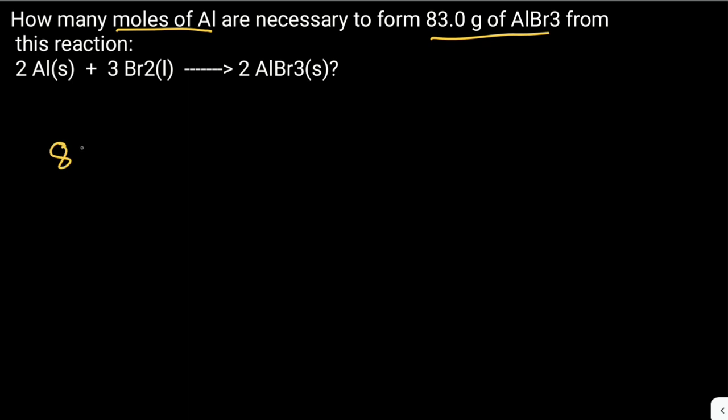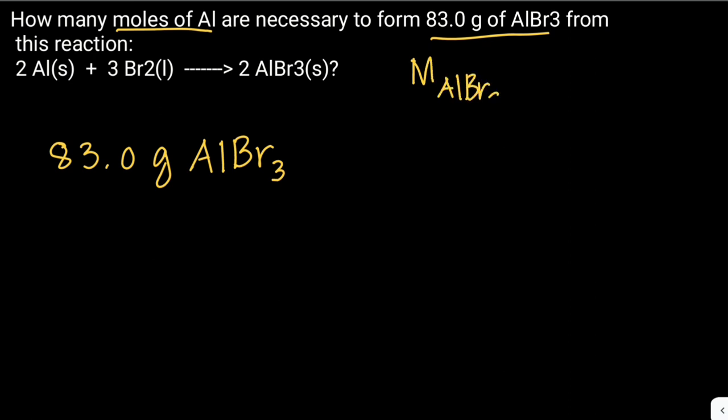So that would be 83.0 grams of aluminum bromide. We divide this by its molar mass. The molar mass of aluminum bromide is equivalent to 266.69 grams per mole.